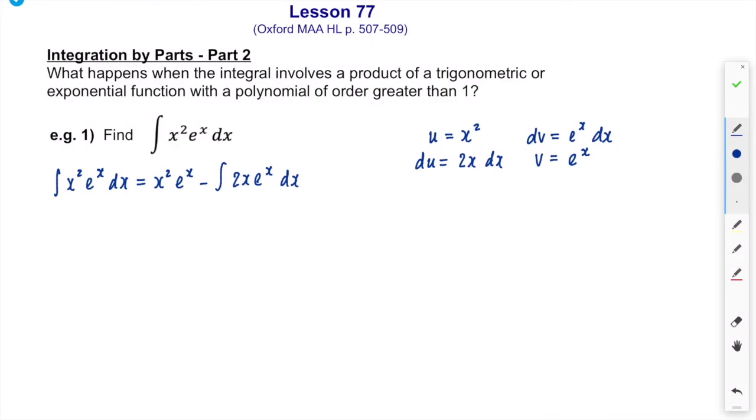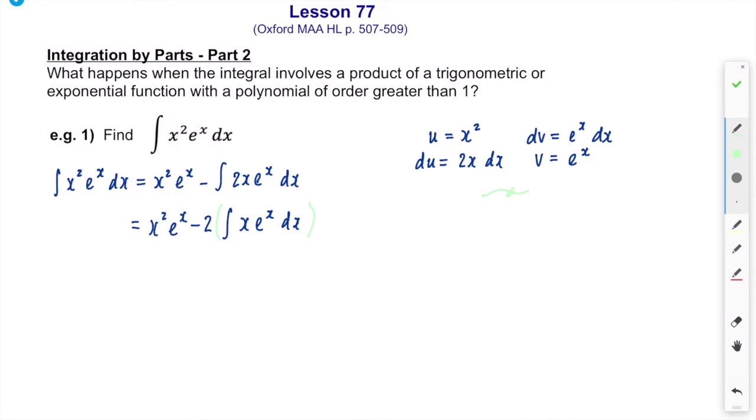In this case, I'm also going to factor out the 2 to keep things a little lighter. So let's write this out first: minus 2 integral of x e to the x dx. And our focus here will be on this part. In your book, they don't really change the variables u and v, to keep it simple.